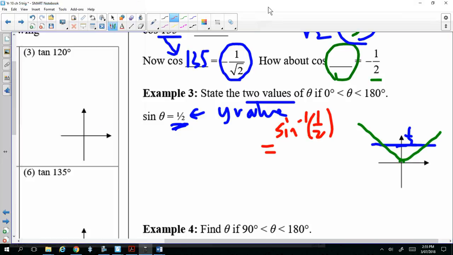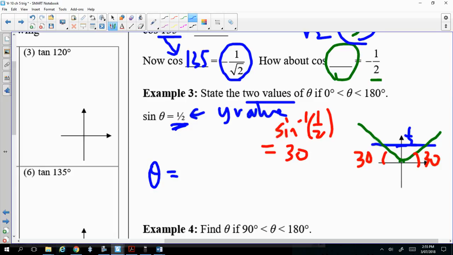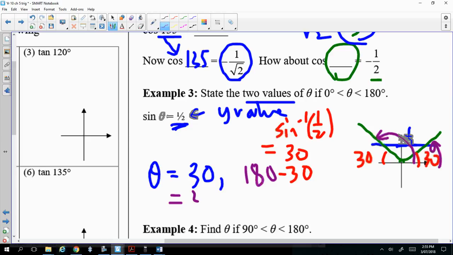And then you find the angle, theta is 30 degrees, which is this angle. But in the obtuse angle, you have to go 180 minus the 30. So the answer will be 30 and 150. Okay? So does that make sense? That's how we find these two angles.